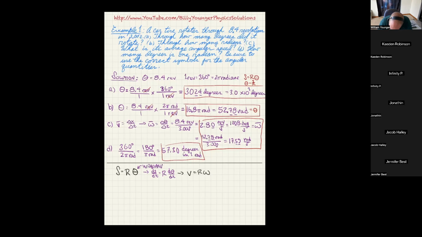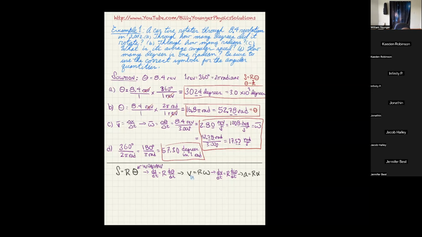Similarly, we could take the derivative of both sides, and I'd get dv dt is equal to r d omega dt. When I do that, I get a, because again we have a dv dt, is equal to r times alpha. I should point out, by the way, that when I write these equations, these quantities mean something very specific.